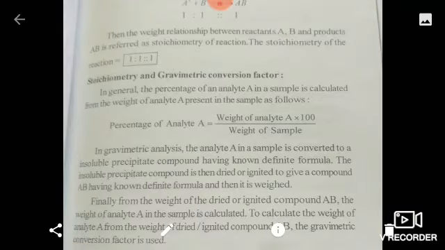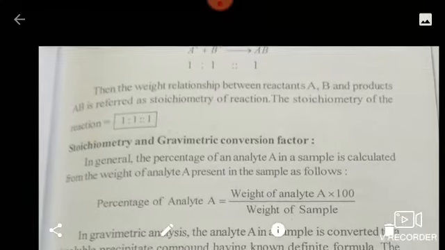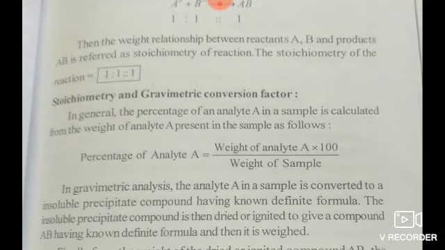See, the net reaction is A plus B gives AB, and what is the composition? It is 1:1. That is, 1:1 is the proportion of the reactants, which gives the product 1.